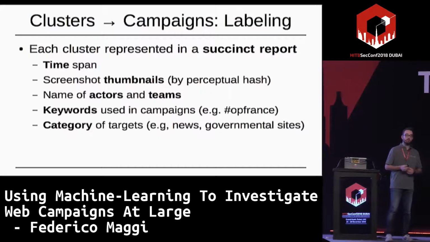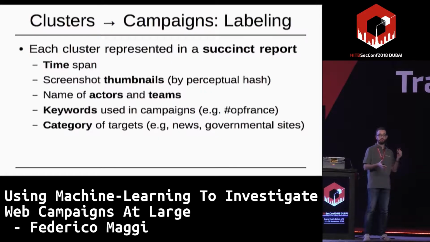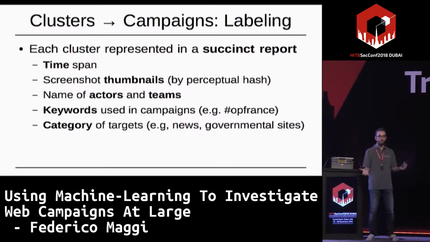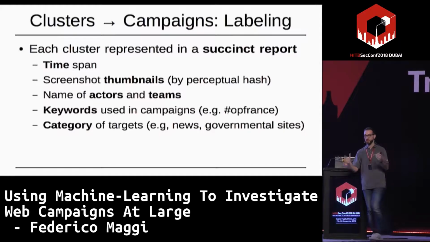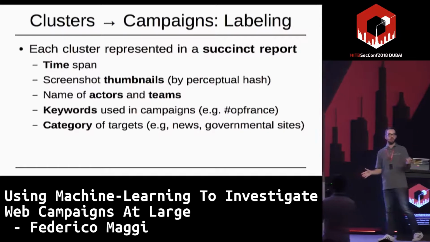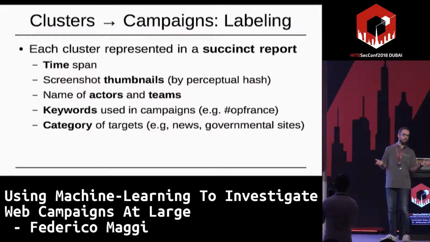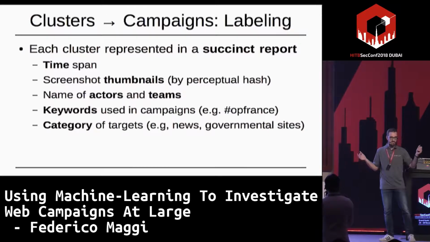Right. So now we have the clusters. But you have a big number of pages. You look at them and you say, okay, what's this? Everything is opaque. It's pretty much like when you use deep learning. Deep learning can't magically make sense of data.